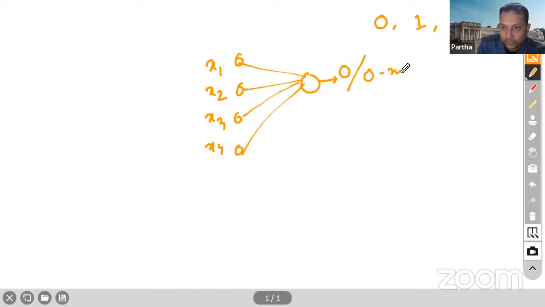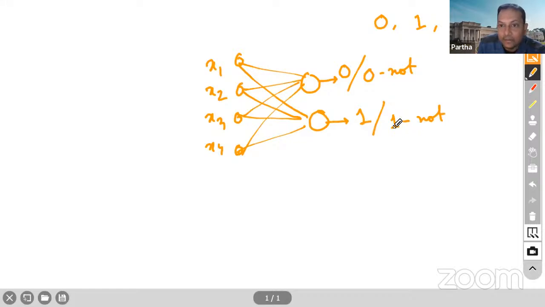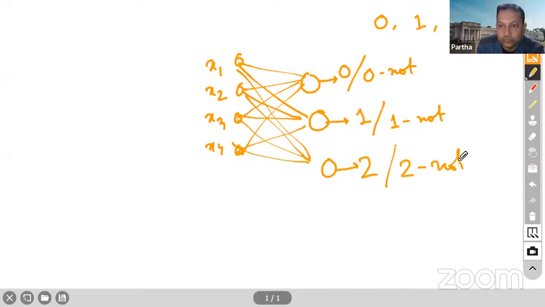Then you will have another perceptron that decides whether it is 1 or not 1, where not 1 can be any other. And then another perceptron says whether it is 2 or not 2. In this way you can do it. Each perceptron can only handle 2 class levels, 0 or not 0.